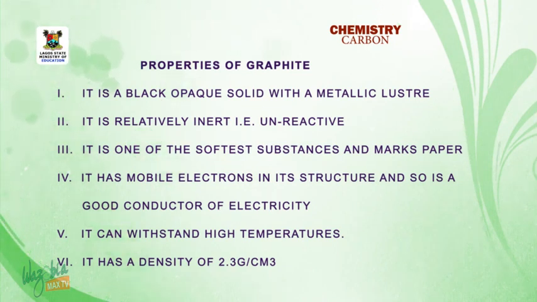Number 4, it has mobile electrons in its structure and so is a good conductor of electricity. 5, it can withstand high temperature. And 6, it has a density of 2.3 grams per cm cubed.